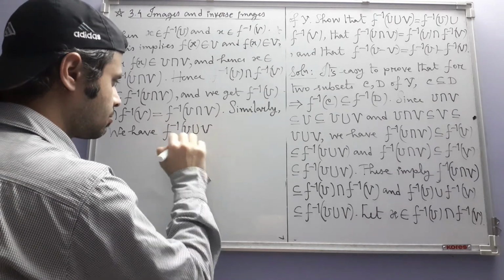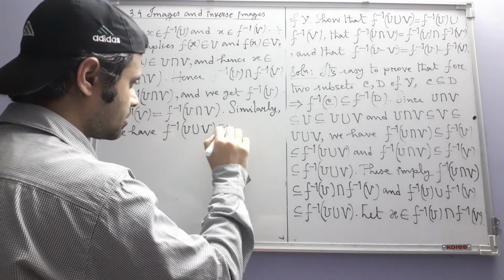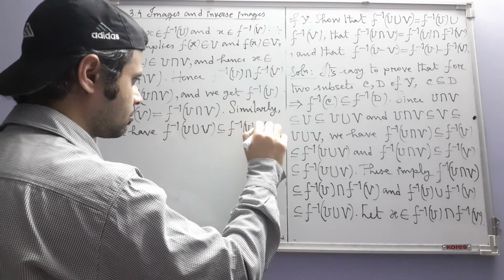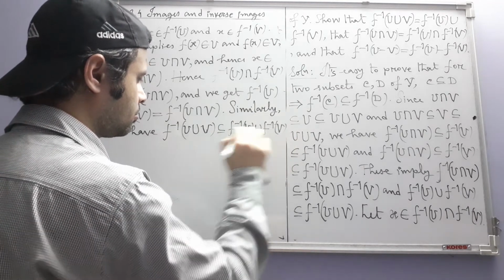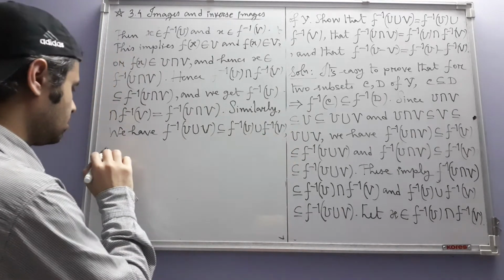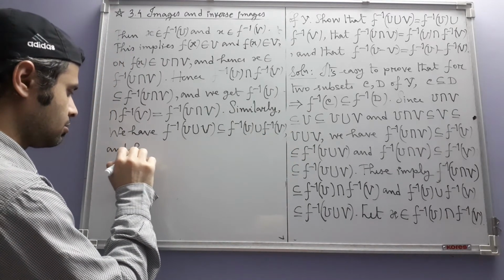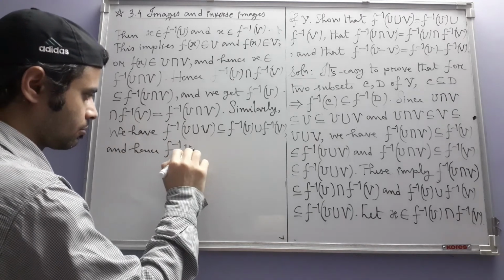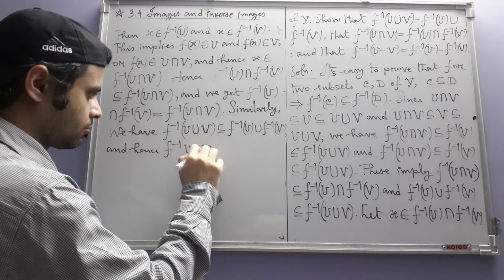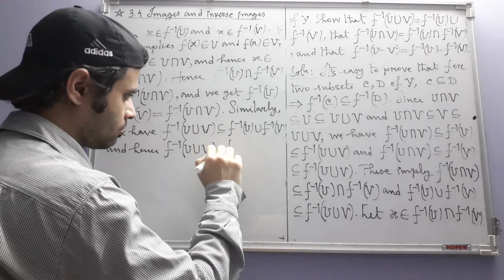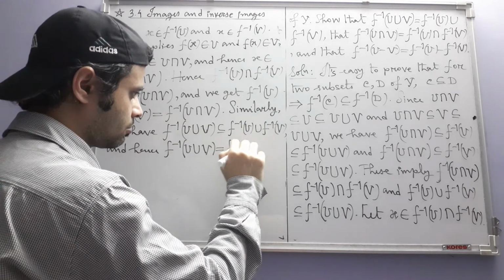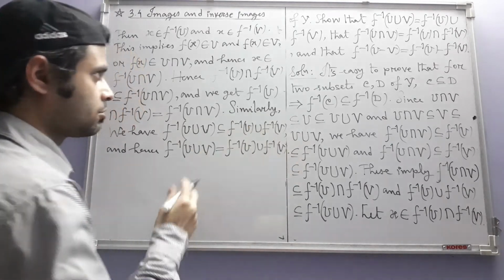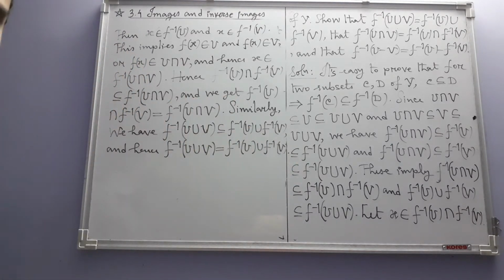Union V is a subset of this, and hence the first two equalities have been proved.